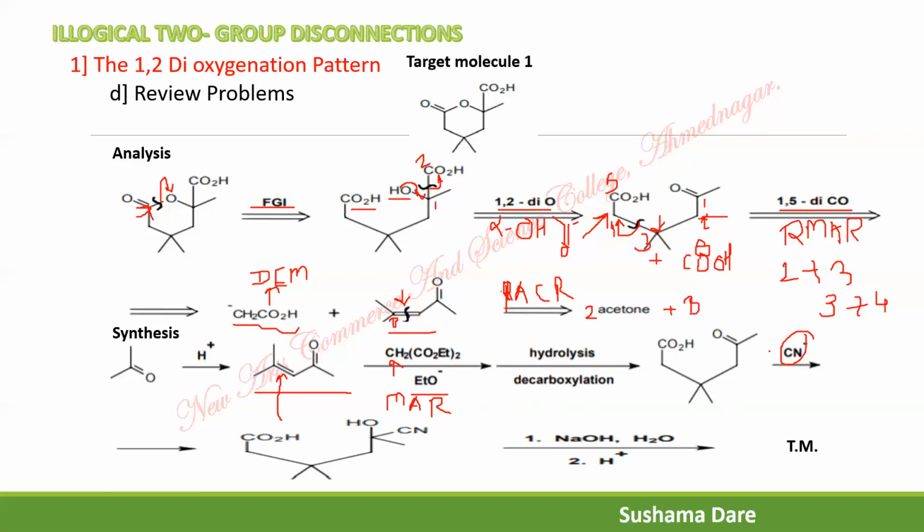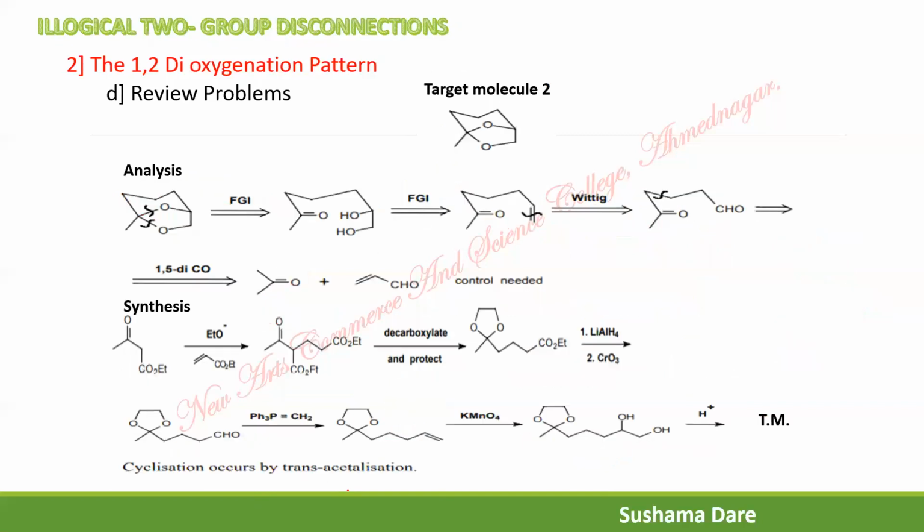After this, there is an attack of CN minus on the carbonyl carbon, that is a hydrocyanation reaction, and then at the end this cyano group is hydrolyzed in basic media. After cyclization in acidic media, it gives the target molecule.